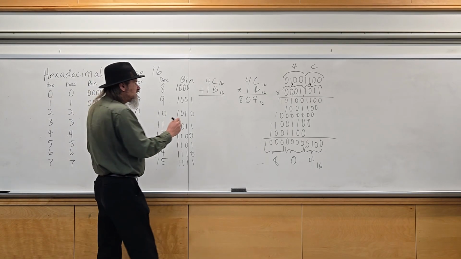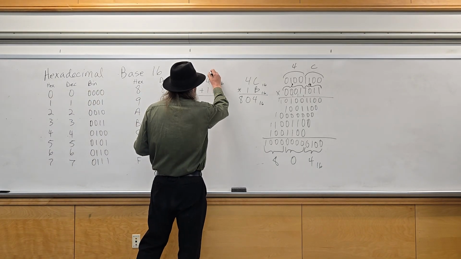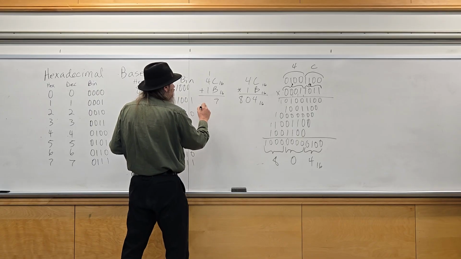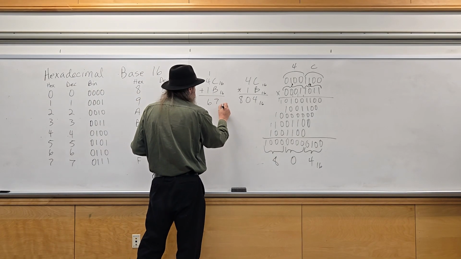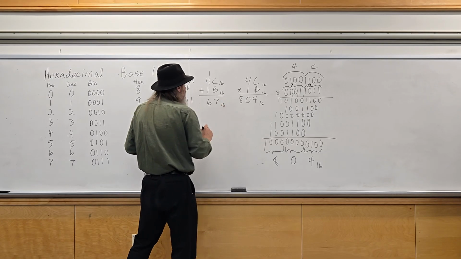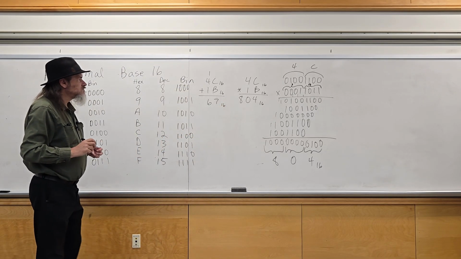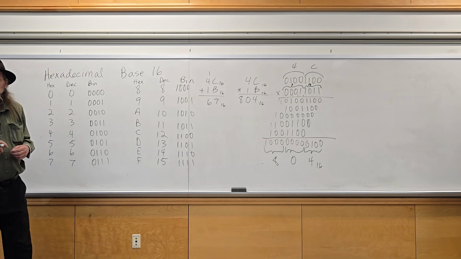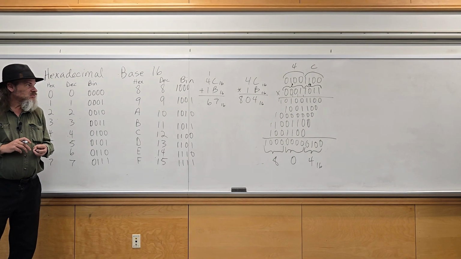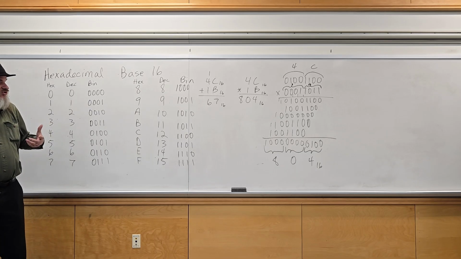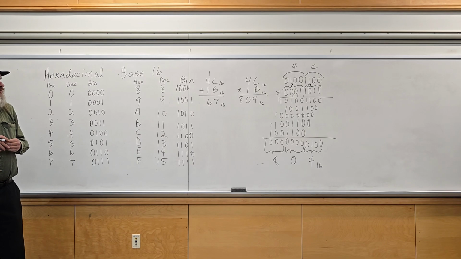So it'd be 7, carry the 1, 67. So doing addition in base 16 is a little bit easier.